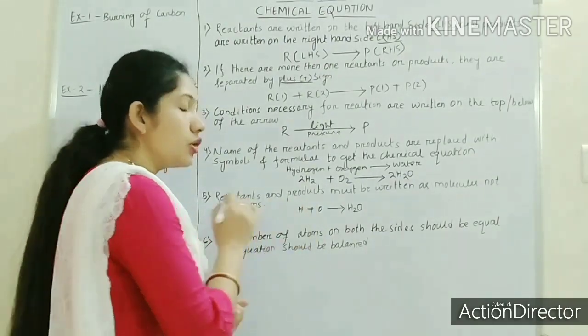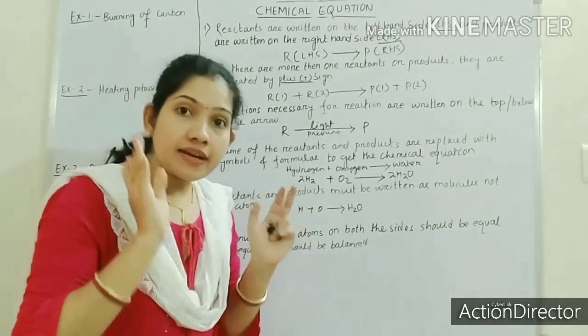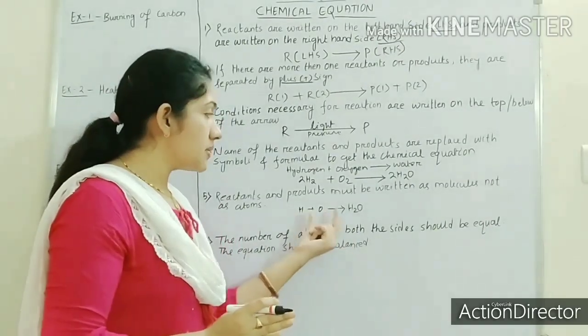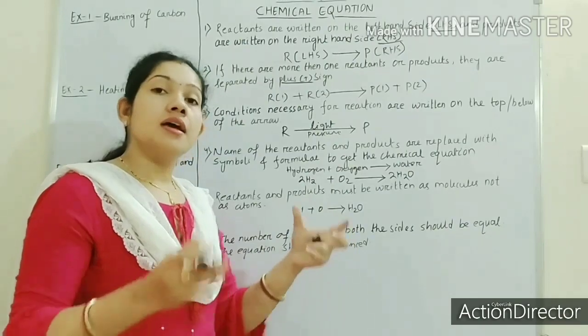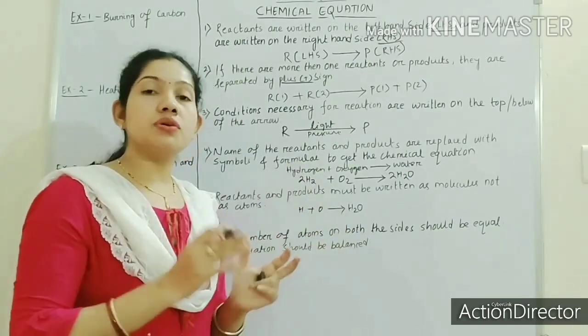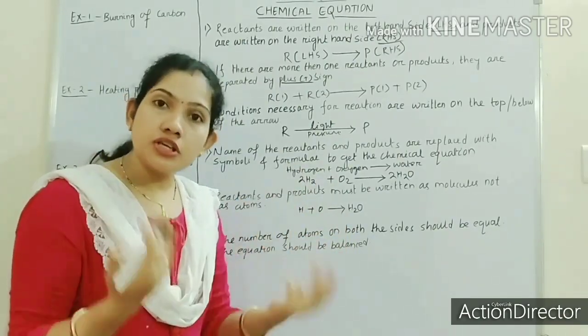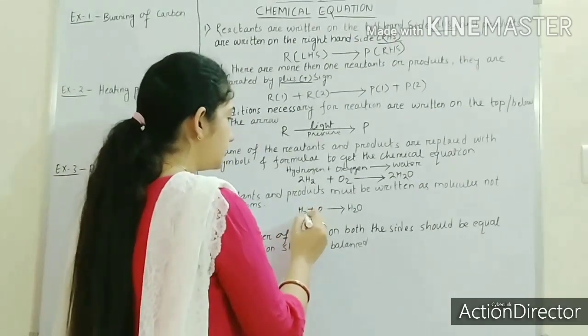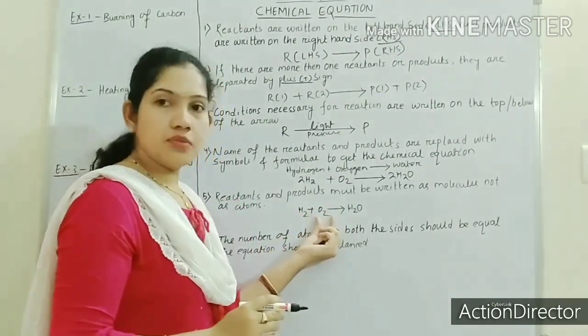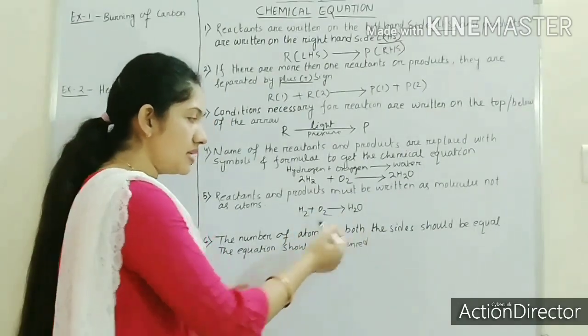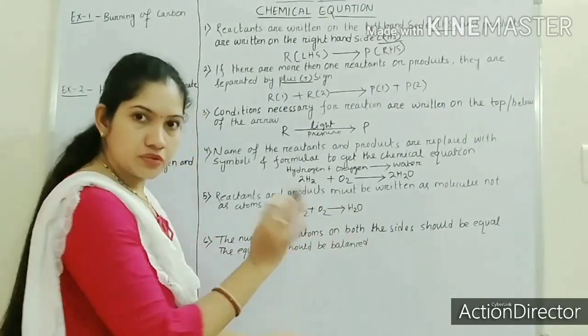So here we cannot write only the atom, or represent the reactants or products based on their atoms. We have to write their molecules. Again, it is not balanced, which I will discuss next.